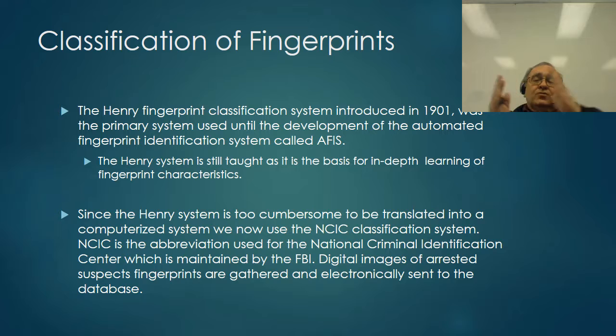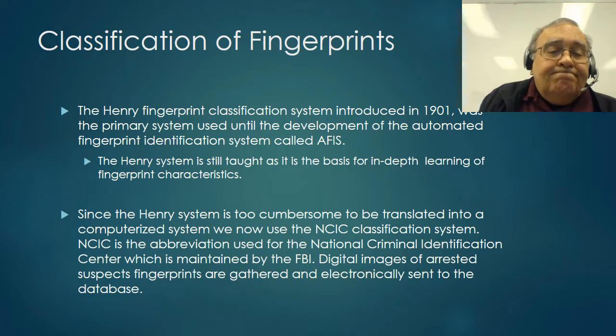Classifying fingerprints, as I mentioned earlier, we used to depend on the Henry fingerprint classification system, but due to technology and automation, the FBI over a number of years, combined with other countries, developed an automated fingerprint identification system known as AFIS.